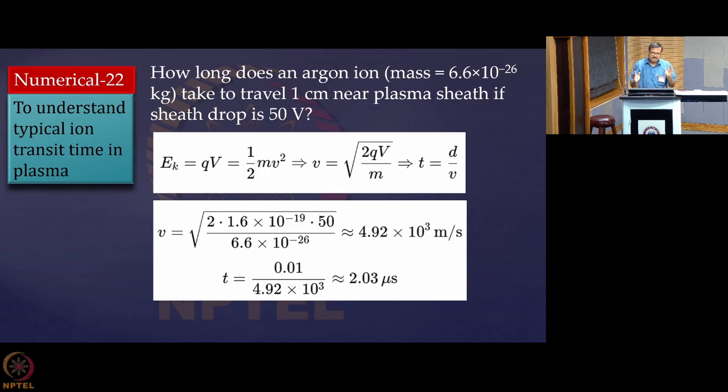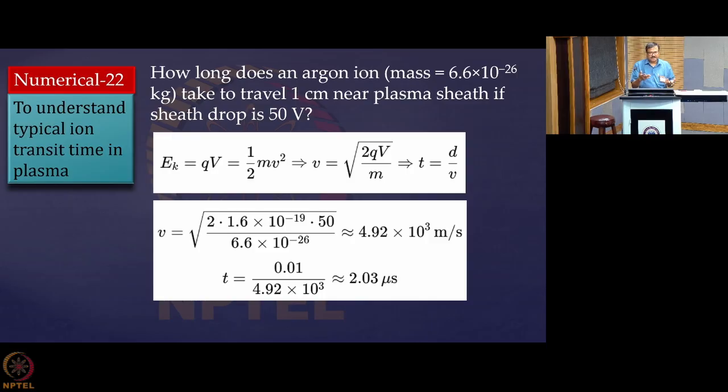So keep this in your mind that it is about a microsecond that an ion takes to cross that region. This transit is happening on the scale of microseconds. From this very simple numerical exercise we are getting some idea.